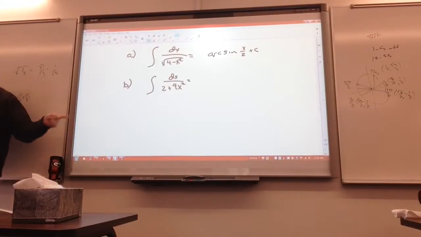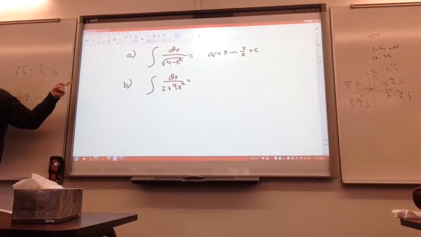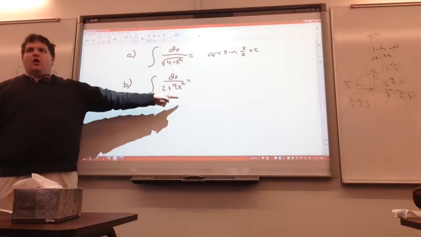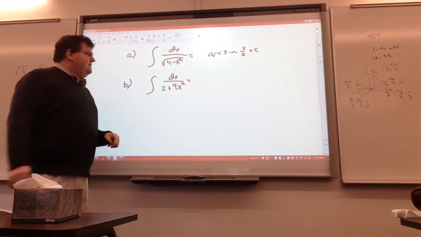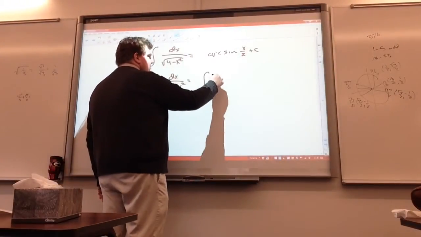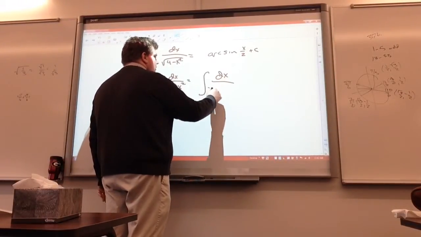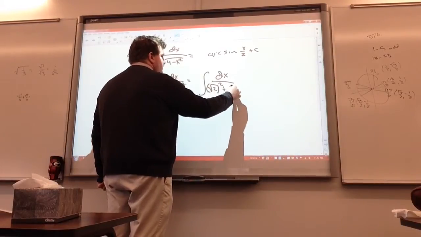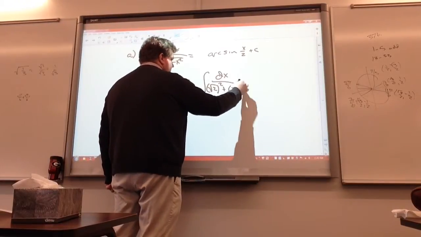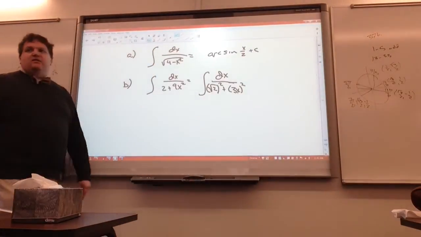With this one right here, we have a 2 plus 9x squared. These things in the bottom are squared when it comes to these formulas. So I'm going to write this instead, the integral of dx over root 2 squared plus 3x squared, like so. And that's closer to the formula.